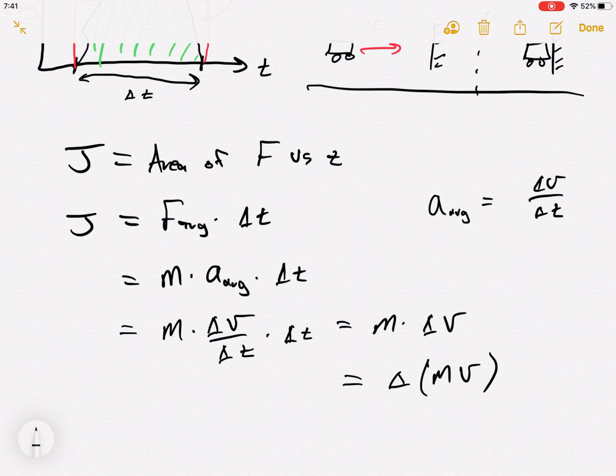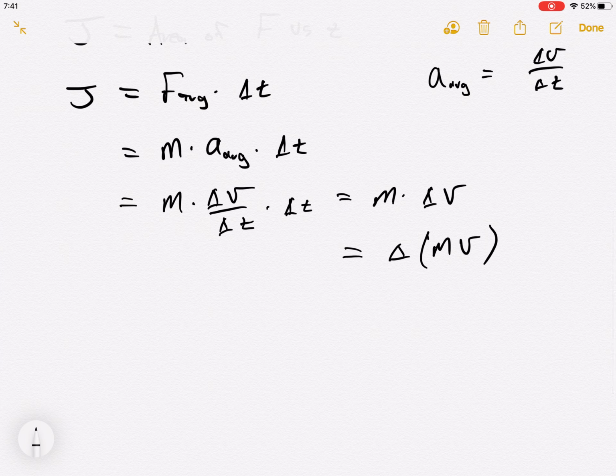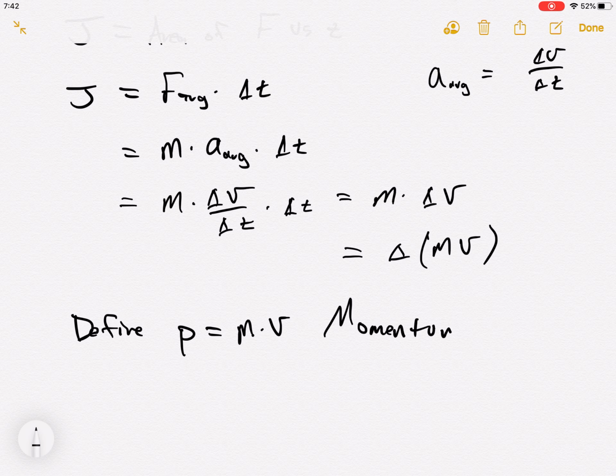So it looks like impulse leads to a change in some quantity, m times v. So we define another variable, p, to be m times v. This is momentum. So p equals m times v.